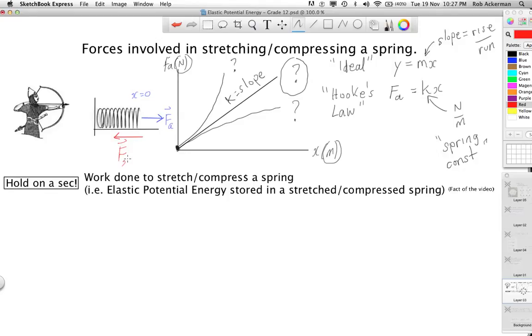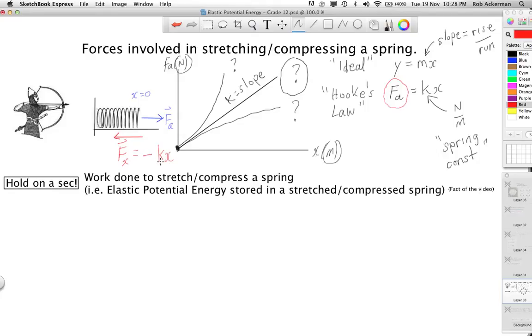So we're going to call it Fx because we want to denote that the spring pulls back on you harder if you pull on it harder. And as we just saw from here, the hardness, or rather the force of that pulling, is related to x. So this is what the spring returns on you, and it's in the opposite direction as your displacement. So Fx in the opposite direction is negative kx.